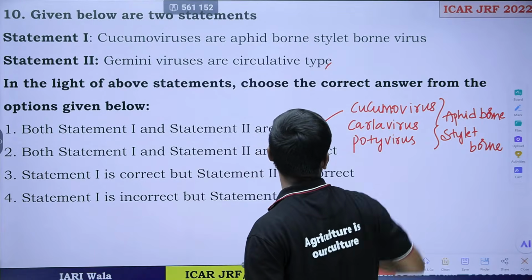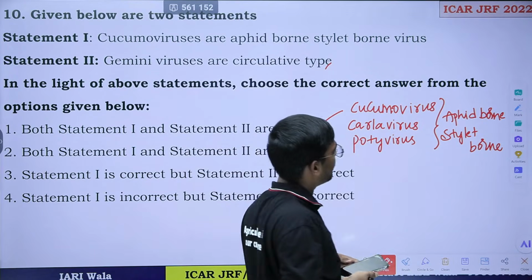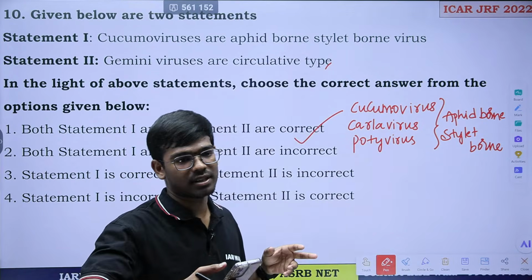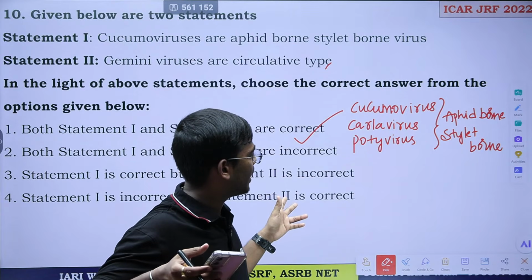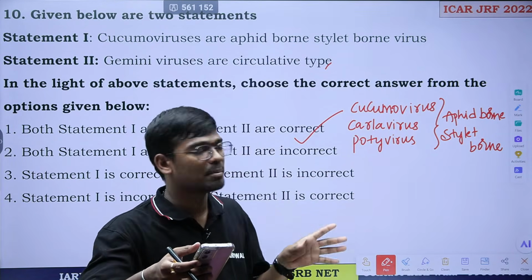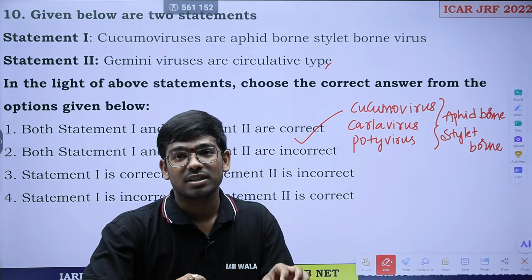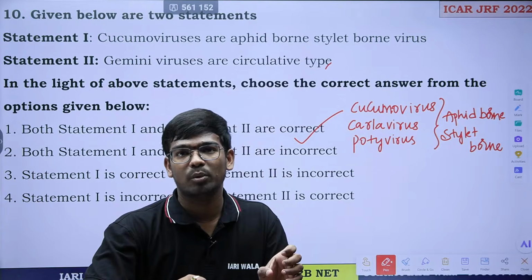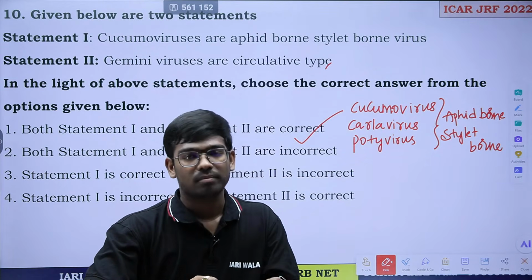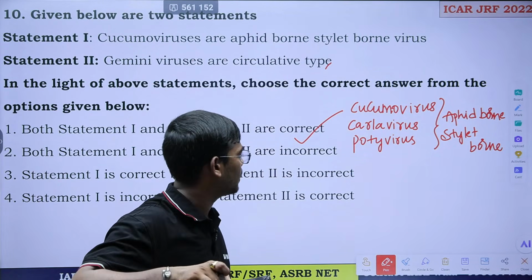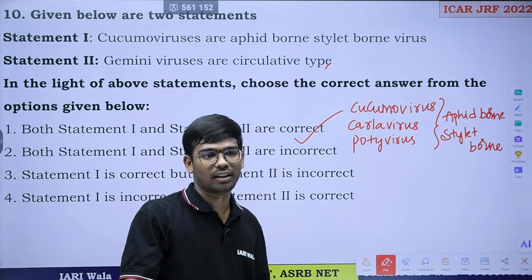This statement is correct. So apart from this virus, we have another two viruses, that is Carla virus and another virus, which are transmitted by the aphid in a non-persistent manner. That is important. Aphid-borne, stylet-borne. That's the thing here. So if anybody wants, they can take a screenshot.